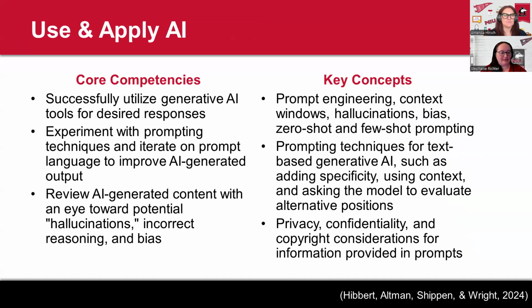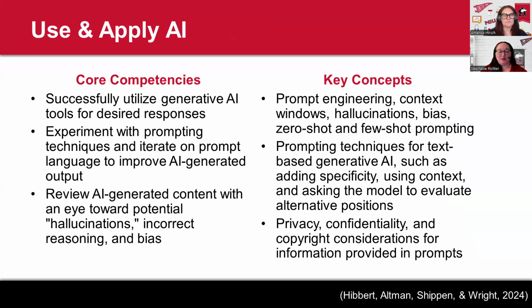Next slide. At the next level of AI literacy or AI competency, you might ask students to really use and apply AI in productive and effective ways. So at this stage, students would be utilizing generative AI tools. They would be experimenting with and improving their prompting techniques.